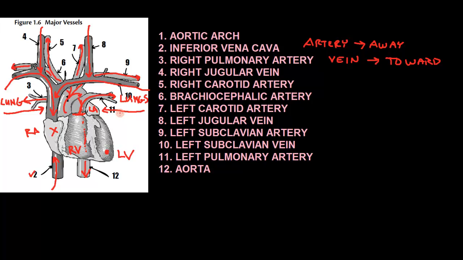But again, this shows you why we can't say arteries carry oxygenated blood and veins carry deoxygenated blood. That's true 90% of the time, but from the right ventricle out to the lungs and back to the left atrium, things are reversed, and the arteries carry the deoxygenated blood and the veins carry the oxygenated blood.